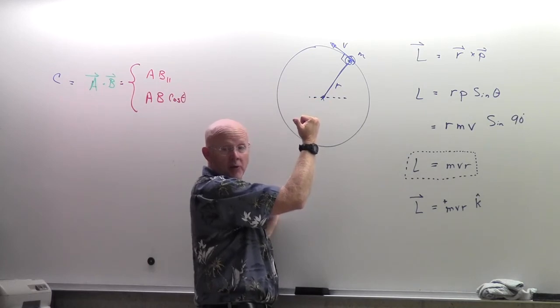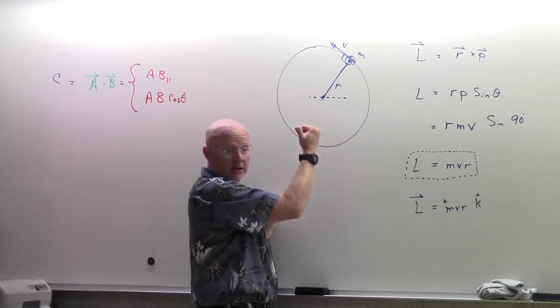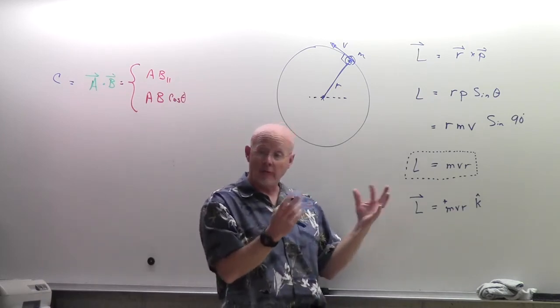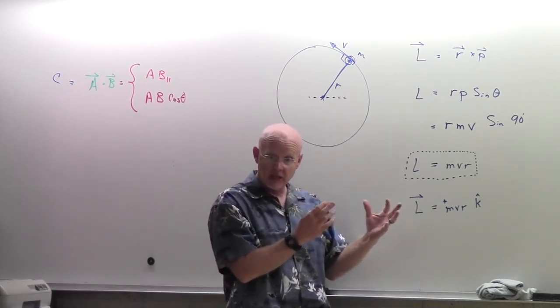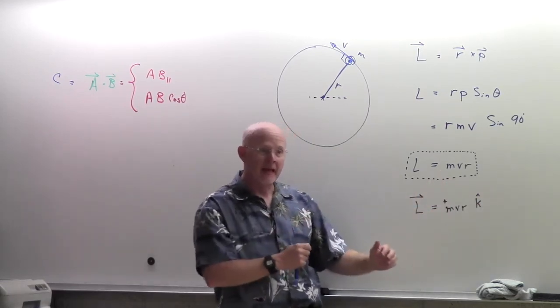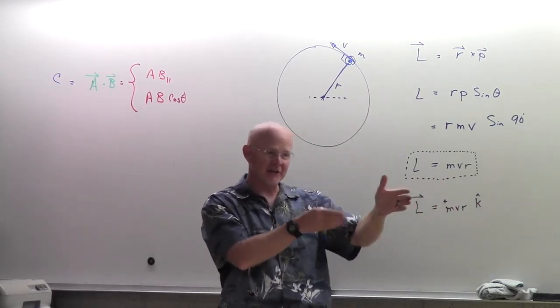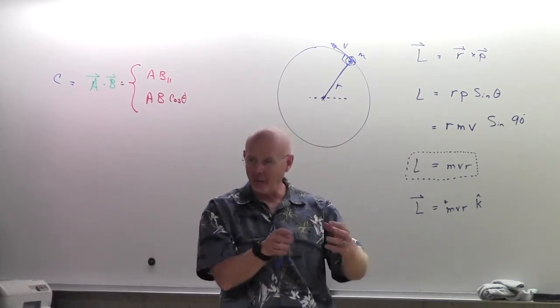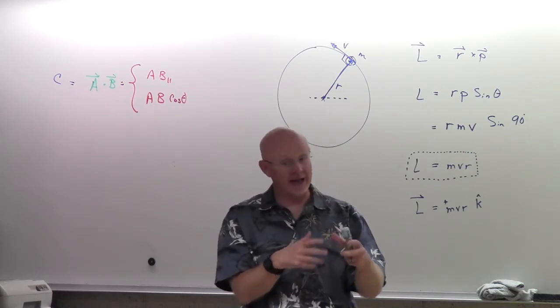What direction is my thumb pointing? Positive. So hopefully you're beginning to see that the direction of the angular momentum and the direction of the angular speed are the same, aren't they?